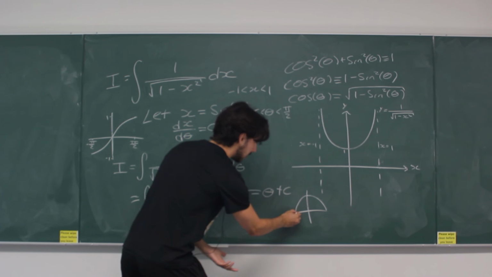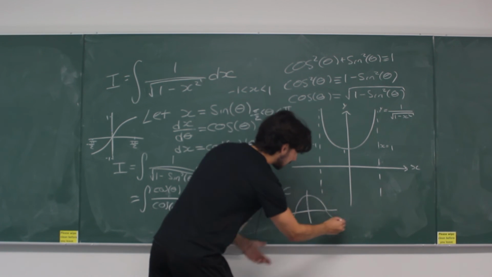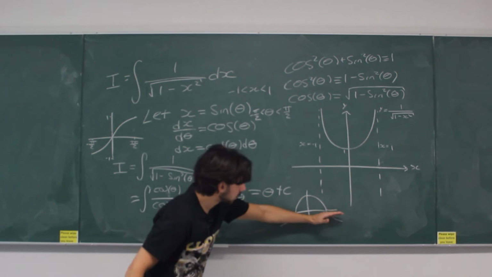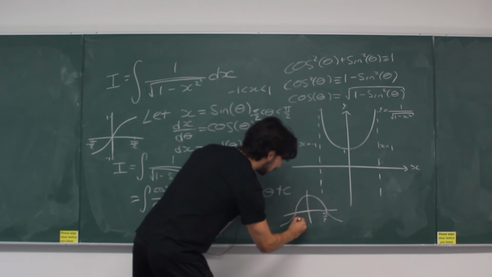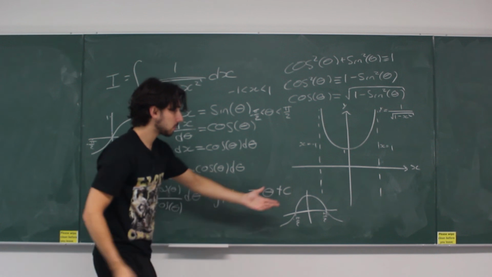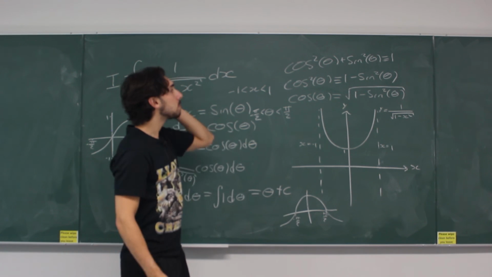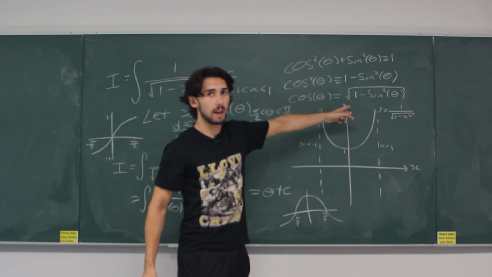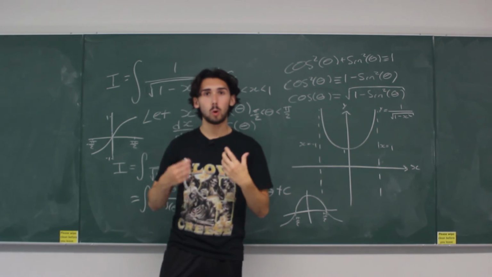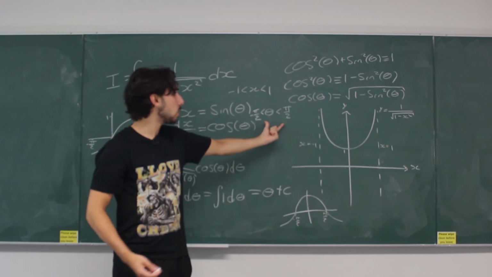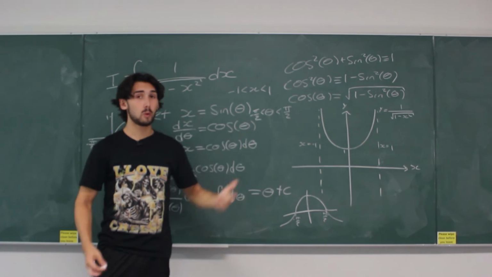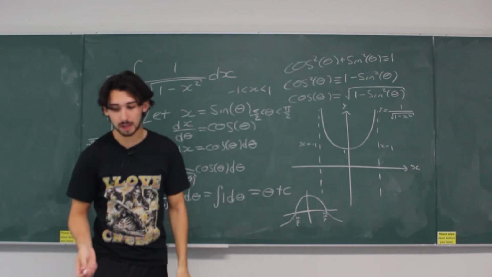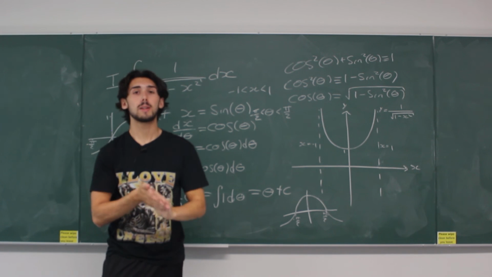And obviously, it continues, it goes like this, it goes like this, but we don't care about these negative bits. We only care about from negative pi over 2 to pi over 2. So it's positive the entire time, which means there's no reason for you to have a minus there, because cos theta is always positive in this interval. And this is the only interval we care about. Therefore, you don't need a minus. That's all it is, basically. It's nothing too deep, nothing too crazy.